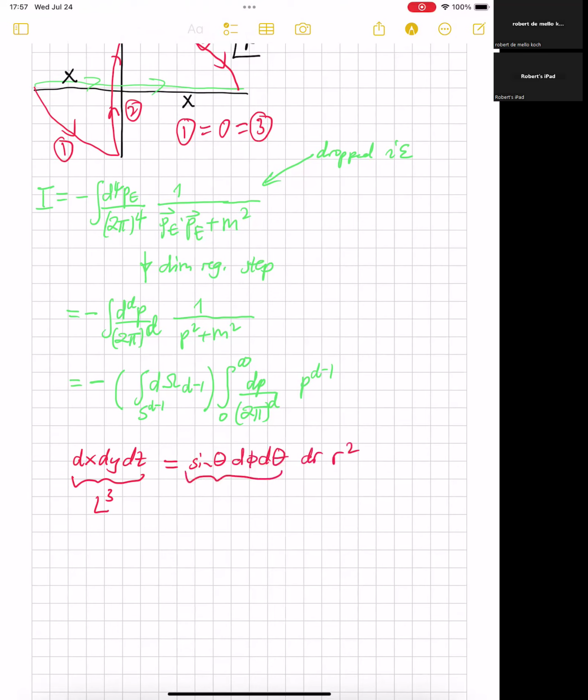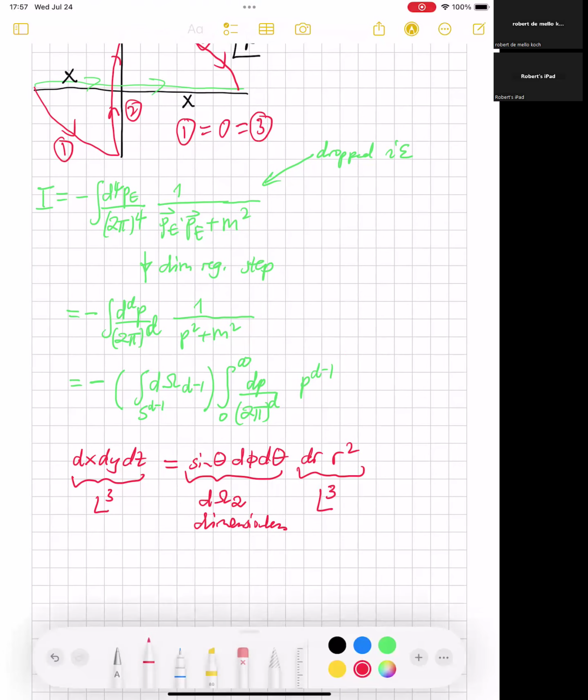This stuff, which depended only on the angles, you could call dΩ_2, and it was dimensionless. Now, the only way then that we can get a length cubed is if we include a factor of r². Here too, my measure was momentum to the power of d. I've got a dp. I need d−1 powers of momentum to get the dimensions right. So that p^{d−1}, that's its origin.